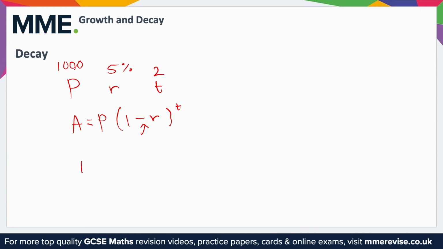We would sub those in, and you could have 1,000 times by 1 minus R, where R is a decimal, not a percentage. So 1 minus 0.05, because that's 5% as a decimal, to the power of T, where T is 2. Okay? Obviously, you can simplify this down slightly to 1,000 times 0.95 squared.